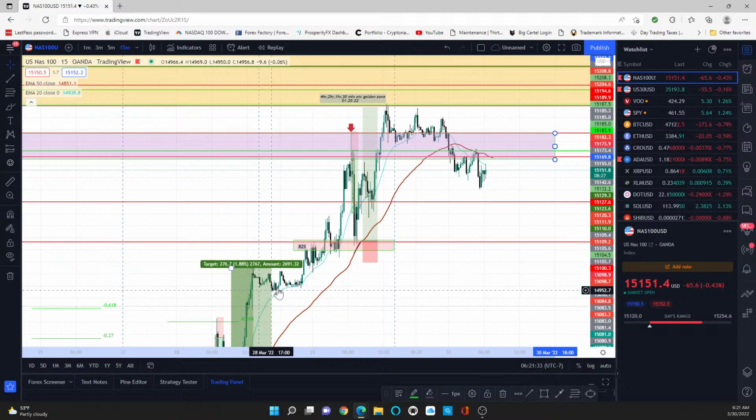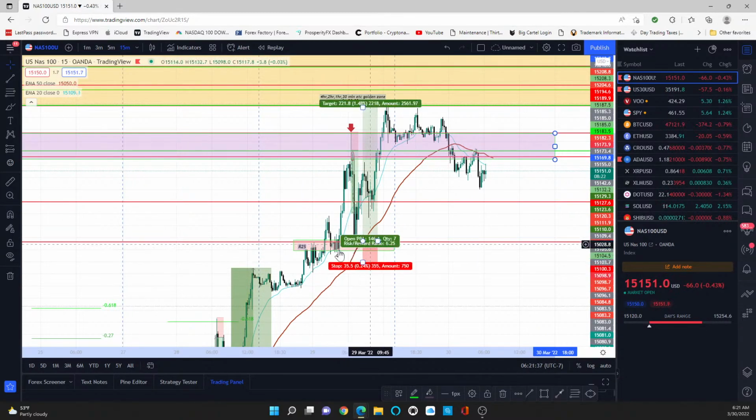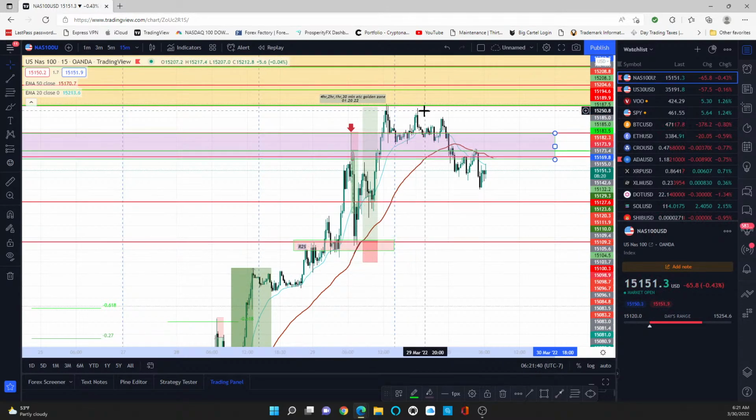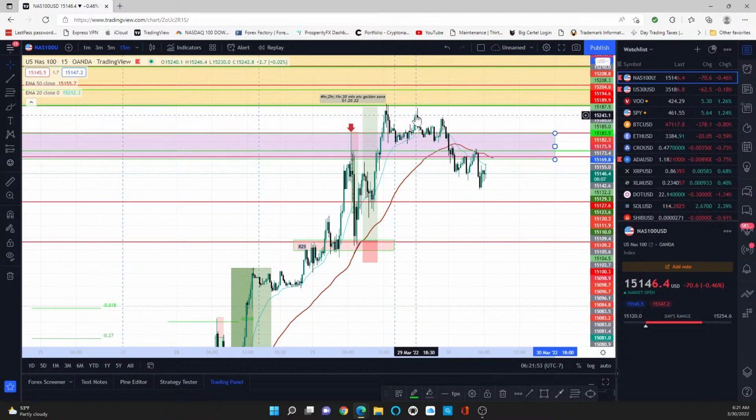You could see it's been respecting the 20 EMA the whole way up, broke through, respected the 50 EMA with the R2S level, and continued to push up for 200 pips. It rejected before close, then created a little bit of consolidation right here during Asian, and then shot back up again, rejecting this area again and pushing down.